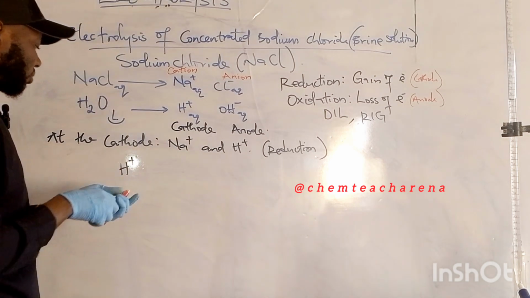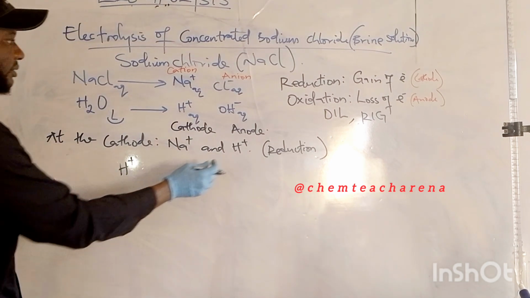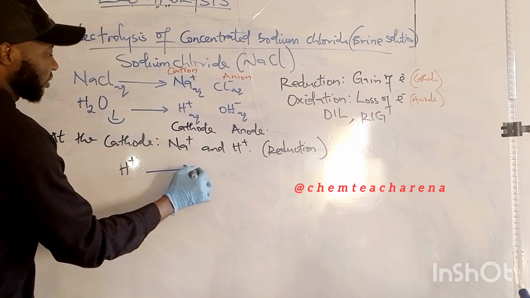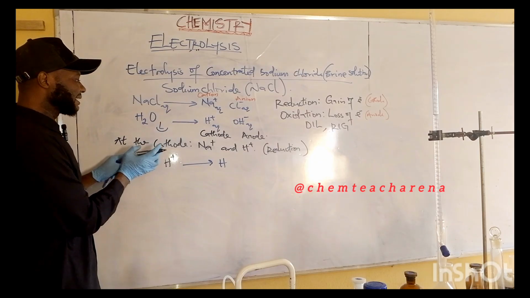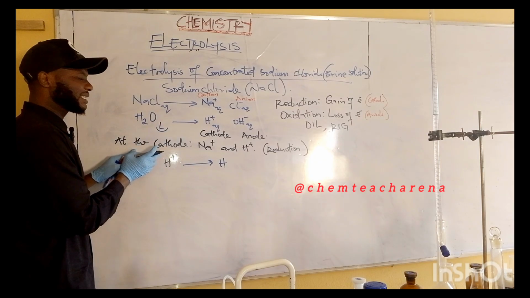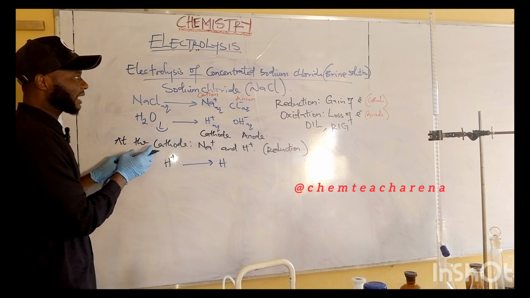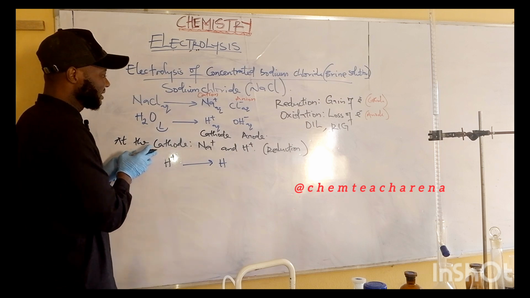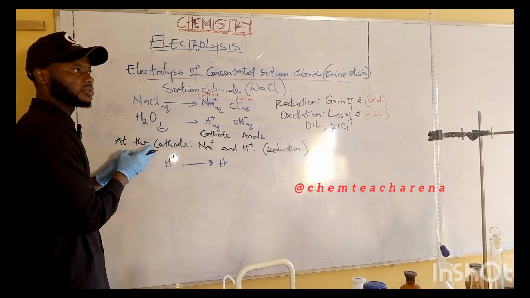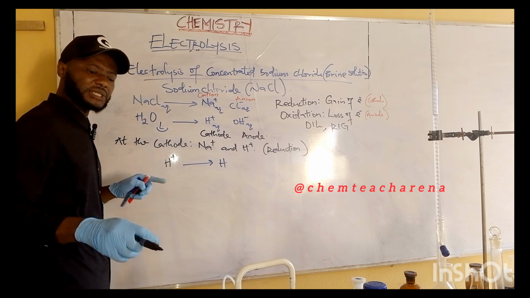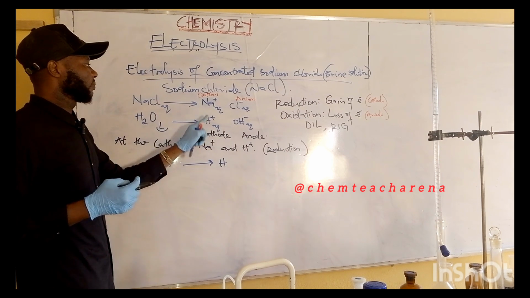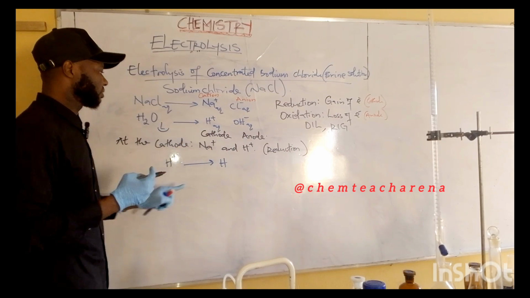So let's quickly look at what happened here. We said that reduction occurs at the cathode. The cathode is the negative electrode. We want to know the gas involved here, and we already know it is going to be hydrogen. Let's have our equation.